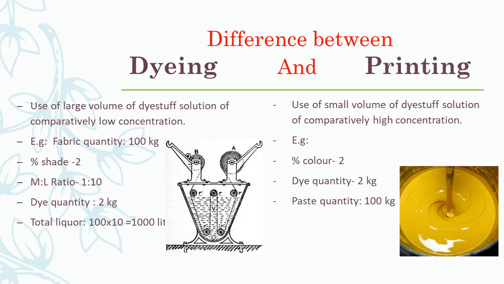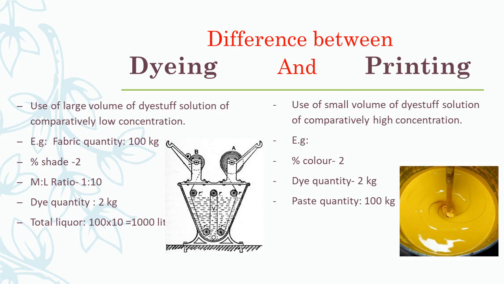For that, 2 kg of dyestuff you will mix in a total of 100 kg of the paste quantity, that will give you 2% color. So 2 kg in 100 kg of the paste you are mixing in printing, whereas in dyeing we are mixing 2 kg in 1000 liter of total solution.